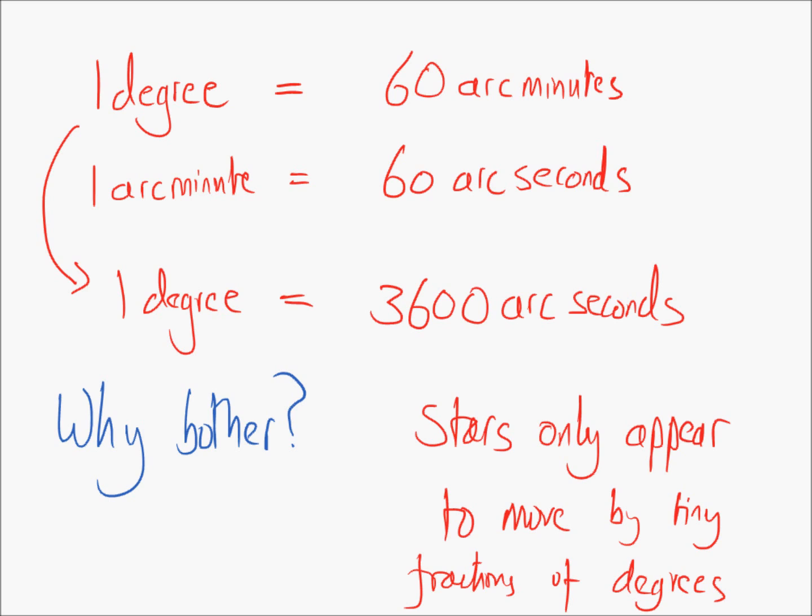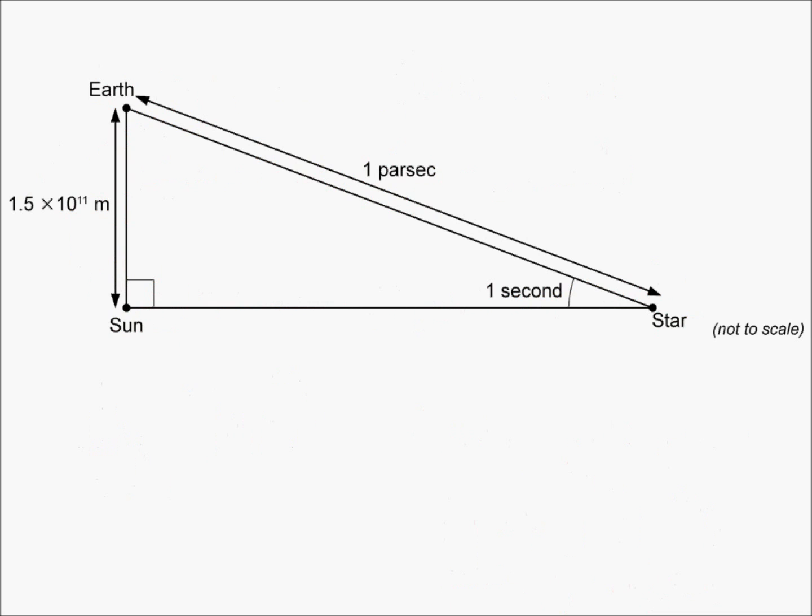It's also useful for us to define a unit of distance called the parsec. And the parsec is the distance that you will get for a star whose angle of parallax is 1 arc second. Now notice here it says 1 arc second.